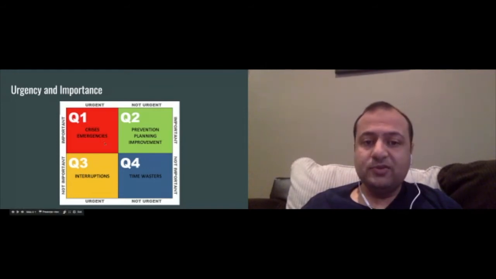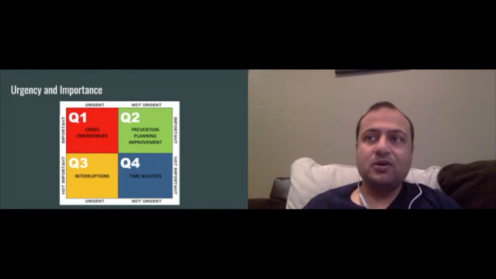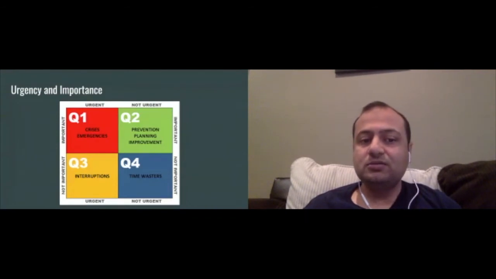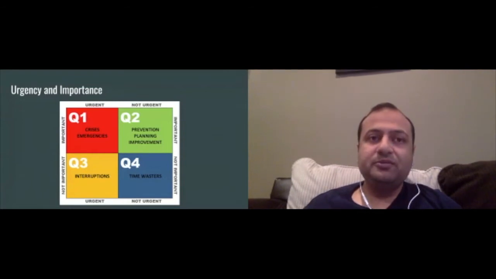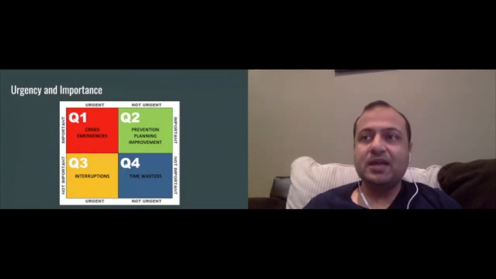So those are the quadrants where we looked at important tasks. Now, what about not important tasks? As a manager, more often than not, you will get a lot of things which are urgent but not important. These are mostly interruptions, where somebody might send you an email, "Hey, I need this ASAP."